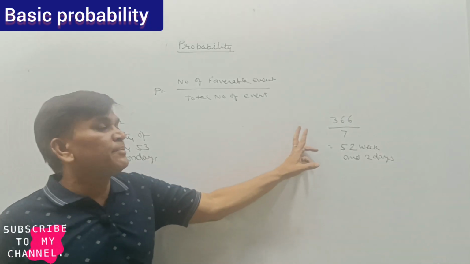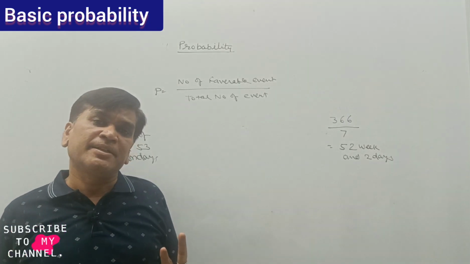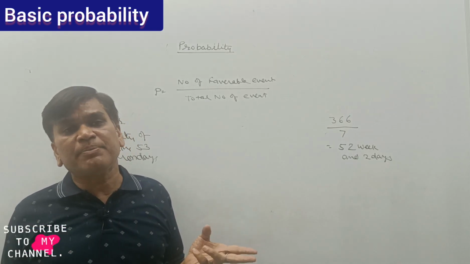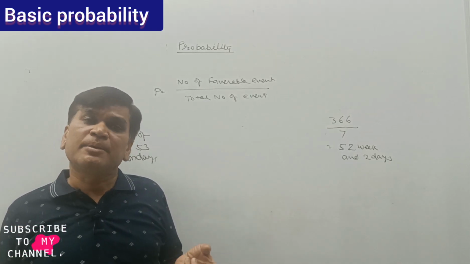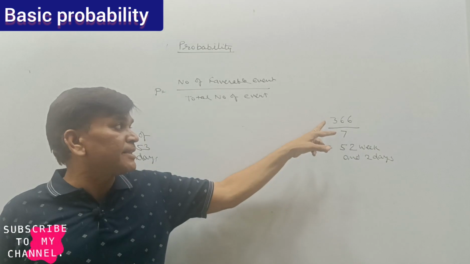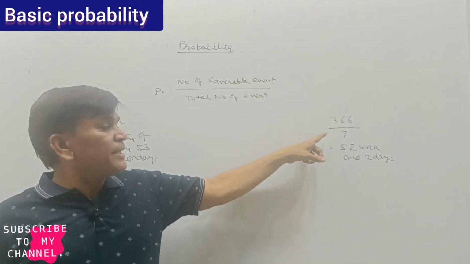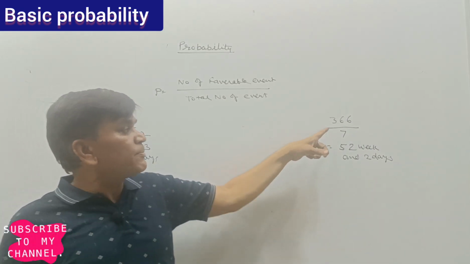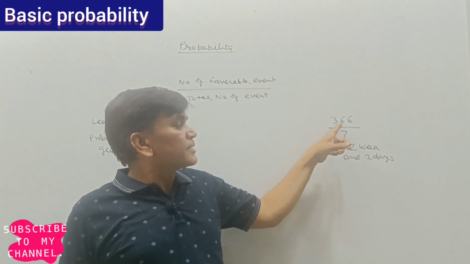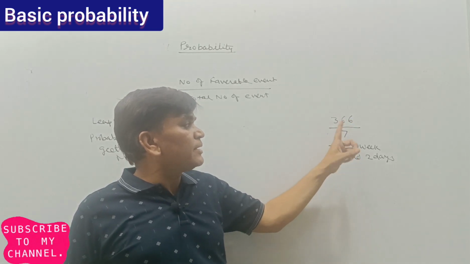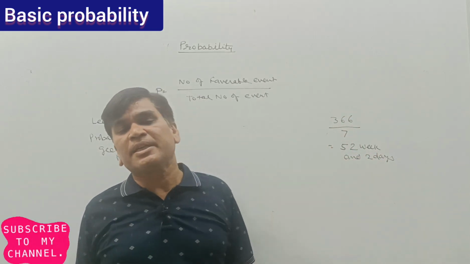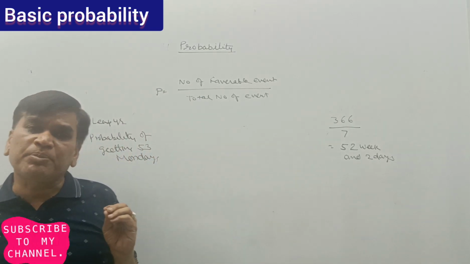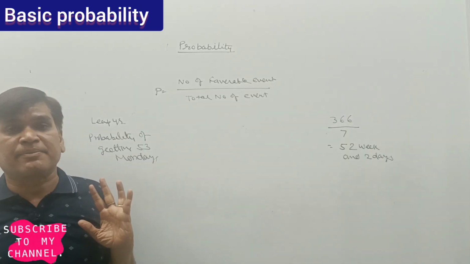In a normal year there are 365 days, but in a leap year there are 366. So I divided by 7, and 2 is remaining. So in a leap year there will be 52 weeks and 2 days.